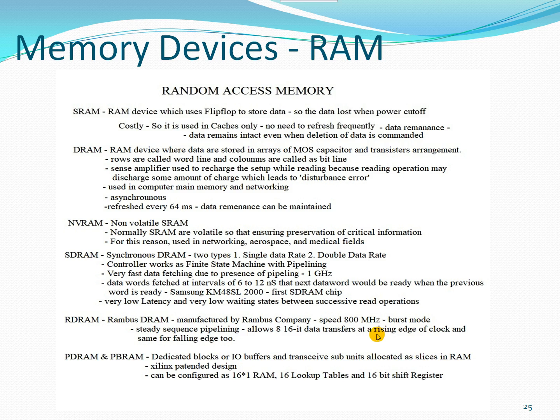For those, the memory is allocated as slices in the RAM, and these RAMs are patented ones. Xilinx has patented these RAMs, and they can be configured as 16x1 RAMs, 16 lookup tables can be programmed here, and also 16-bit shift registers can be used in these PDRAMs and PBRAMs.